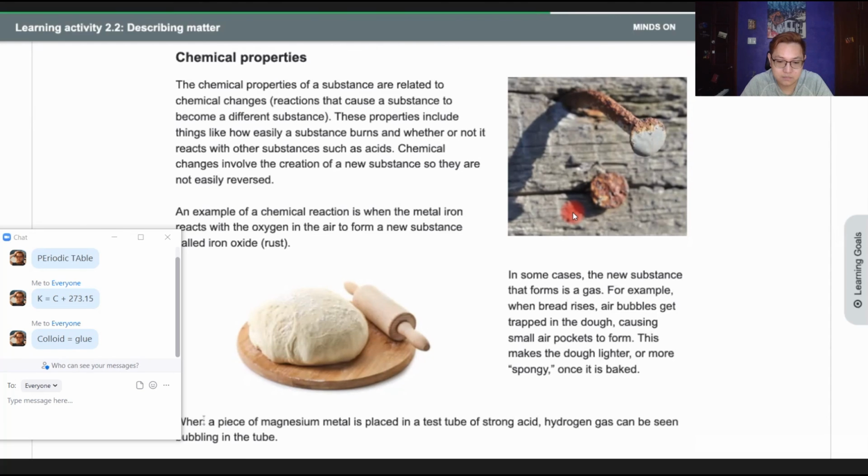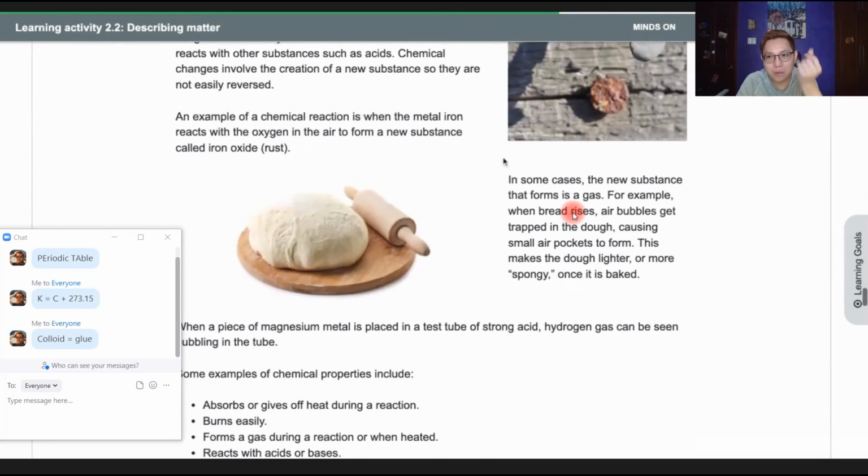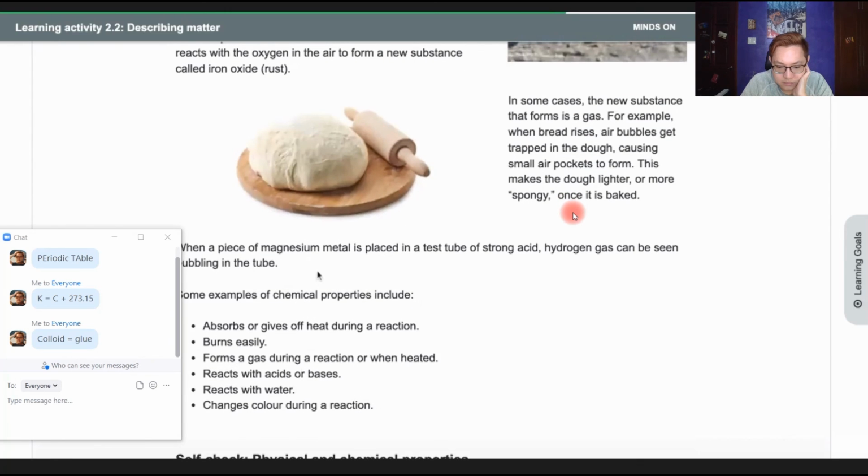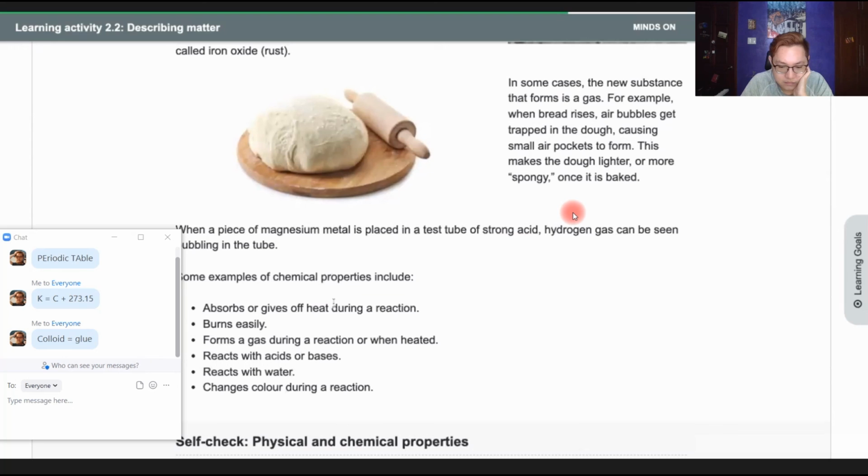When a piece of magnesium metal is placed in a test tube of strong acid, hydrogen can be seen bubbling in the tube. Some examples of chemical properties include absorbing or giving off heat during a reaction, burning easily, forming a gas during a reaction or when heated, reacting with acids or bases, reacting with water, and changing color during a reaction.